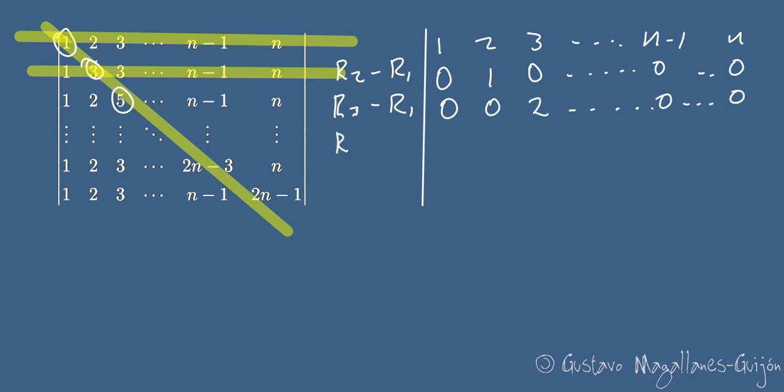And row 4 minus row 1: 0, 0, 0, 3, 0, 0. And so on.